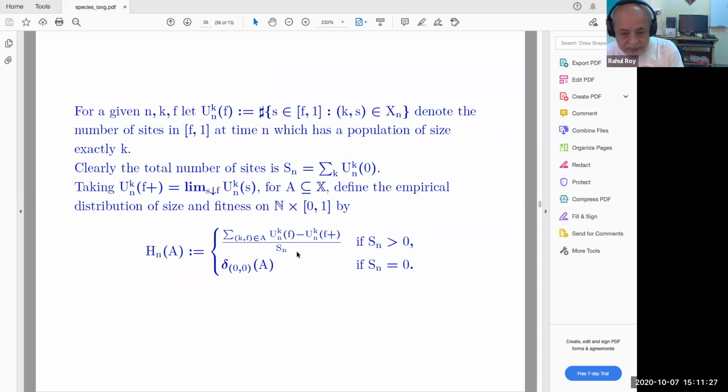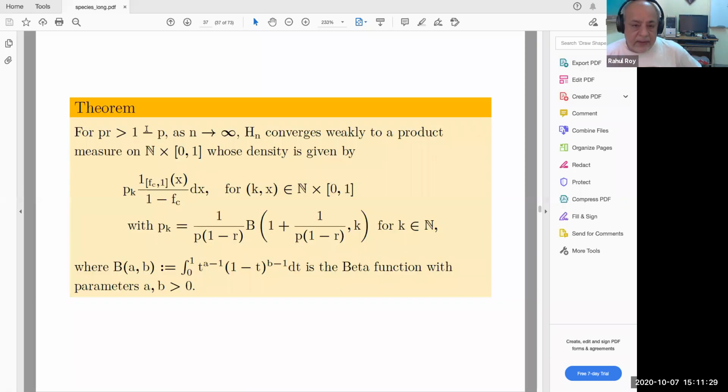Then what we have is that in the case when Fc is strictly less than 1, as n goes to infinity, H_n converges weakly to a product measure on N cross (0, 1). The (0, 1) part is just a uniform density on (Fc, 1), that's given by this fraction. And the marginal on N is p_k, where p_k is this quantity.